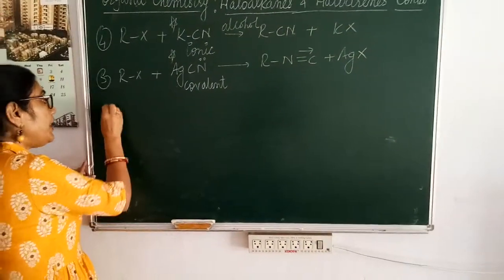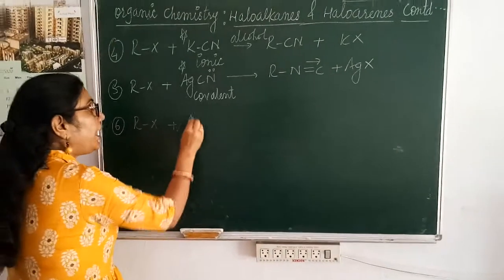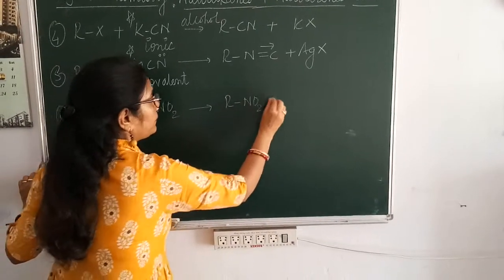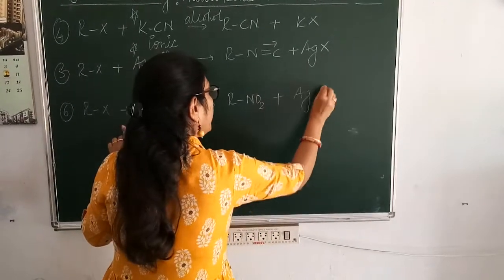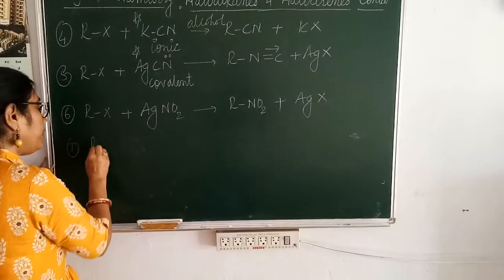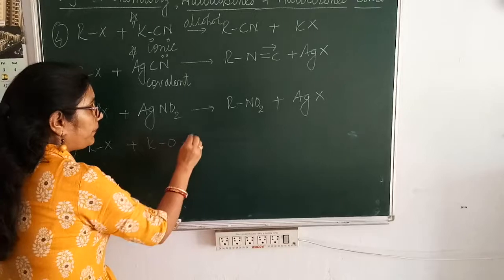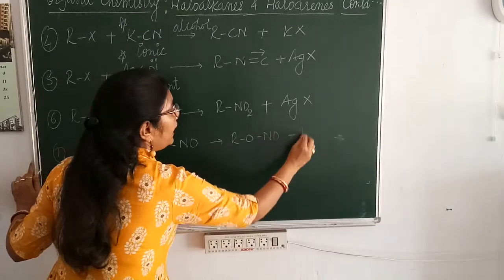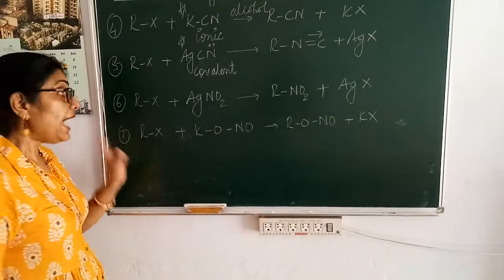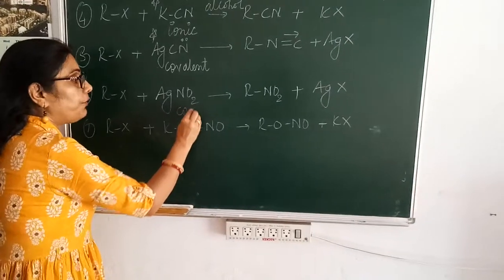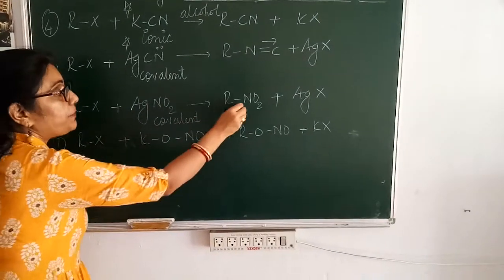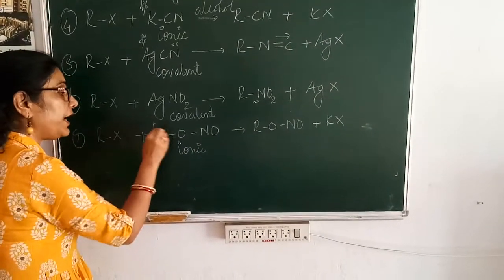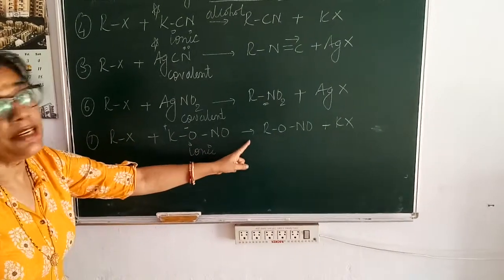And exactly the same reason applies when an alkyl halide reacts with AgNO2: you will get the product nitroalkane, and when it reacts with KNO2, potassium nitrite, the product is alkyl nitrite. As AgNO2 is covalent, the attack takes place through nitrogen, whereas KNO2 is ionic, and therefore in this case oxygen is the attacking center.